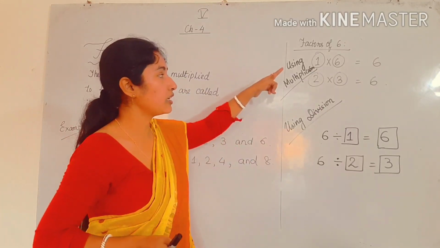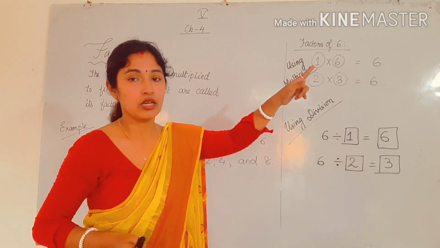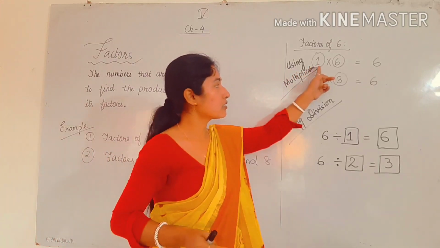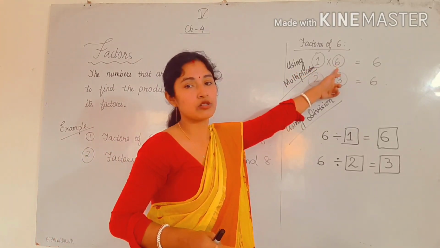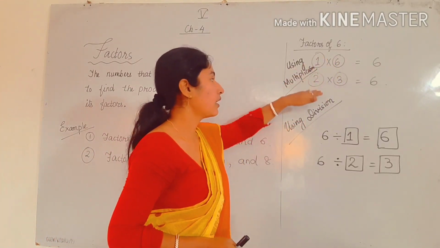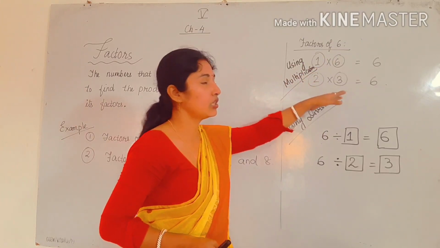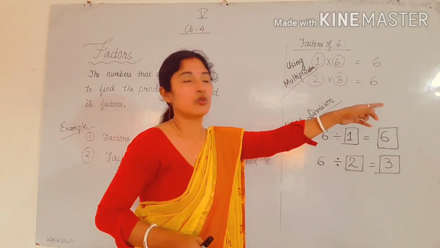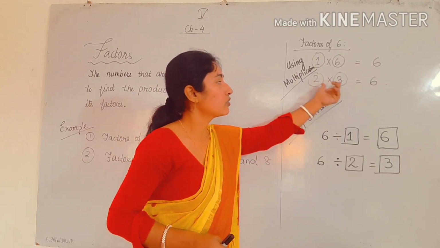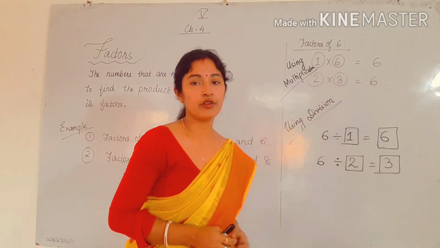The first possibility is 1 into 6 is equal to 6. That means 1 is a factor of 6 and 6 is also a factor of 6. The second one I have written, 2 into 3 is equal to 6. So here 2 and 3 are also the factors of 6.